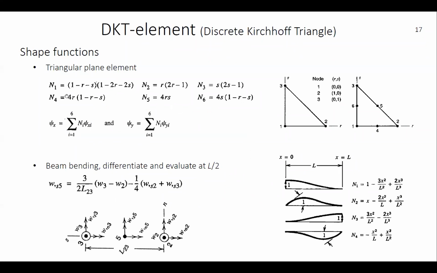Interpolation functions, we have 6 of those for the 6-noded elements. Similar as before, each has the value 1 at its own point. So if you have N1 at coordinate 0, 0, you will have the value 1, and at all the other nodes you will have 0, and so on.